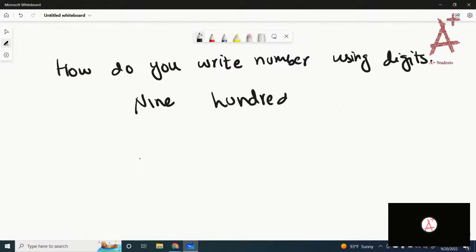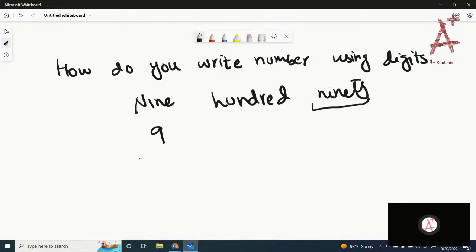So which digit is at the hundred position? 9, and then 90.